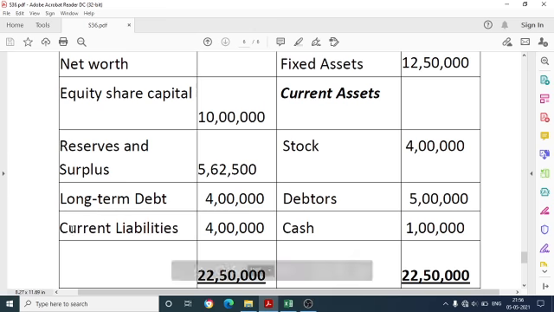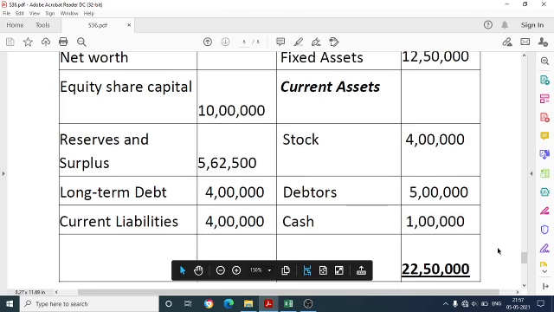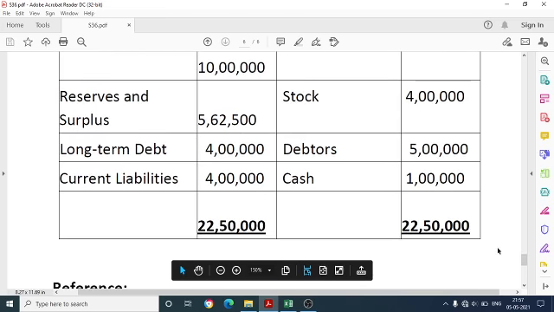Long-term debt 4 lakh, and current liabilities 4 lakh. On the asset side, the main component is fixed assets 12,50,000. Current asset total is 10 lakh, segregated into 3 parts: stock 4 lakh, debtors 5 lakh, and cash 1 lakh. So ultimately the balance sheet total of assets and liabilities is 22 lakh 50,000.